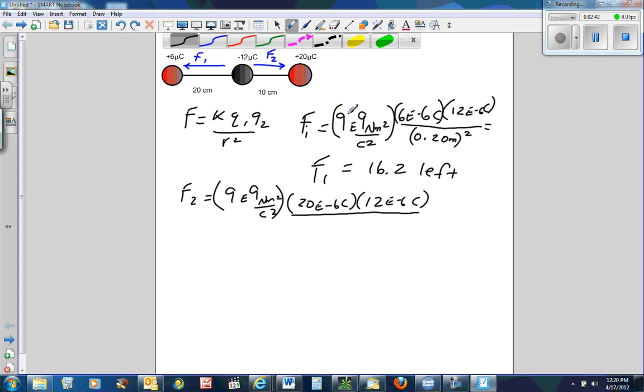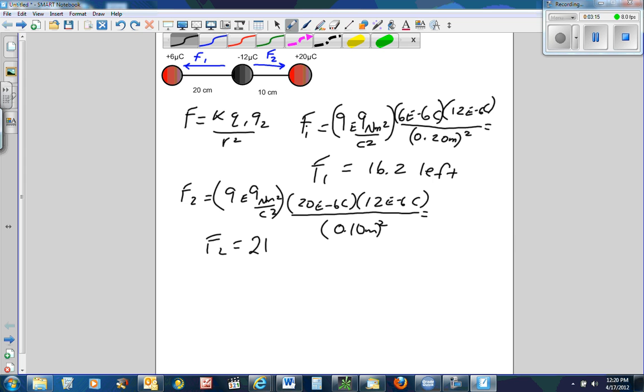We look at what direction by the arrows, what direction is it pulling or pushing it. See, if 20 was a negative, it would push to the left, but it's positive, so it pulls it. So that's going to be 0.1 meters, squared, and that's going to give me a number. So 20e to the negative 6 divided by 0.1 squared. I get 216.